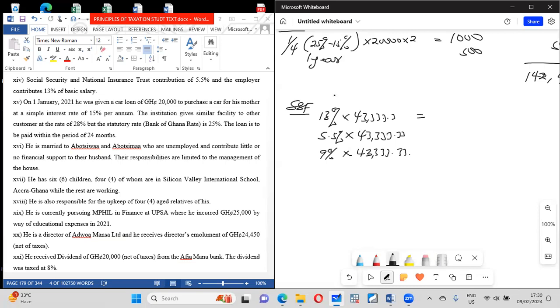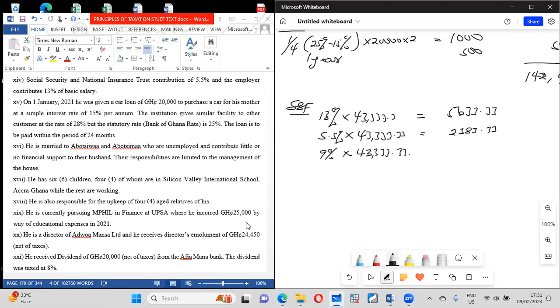So I have 1, 1, 3, 43,333 point. I think we've computed it already up there, I should just go and pick the figures. 0.33, and this one is 0.055, right? 2383.33.